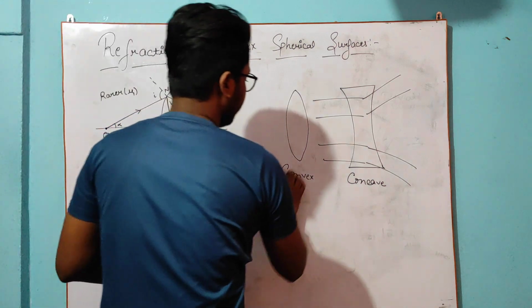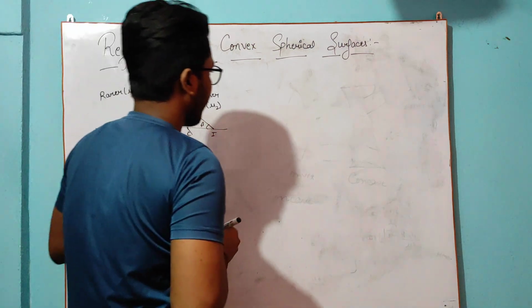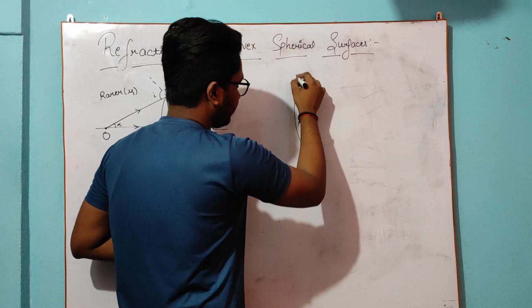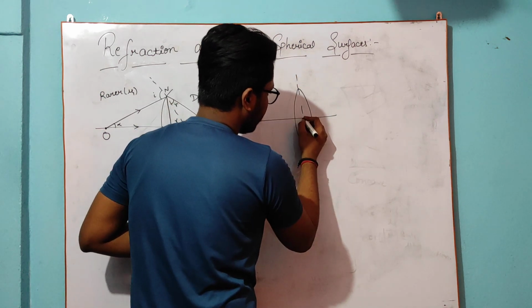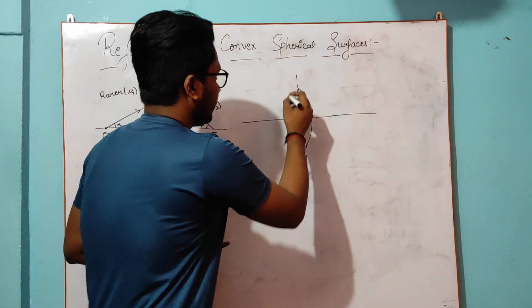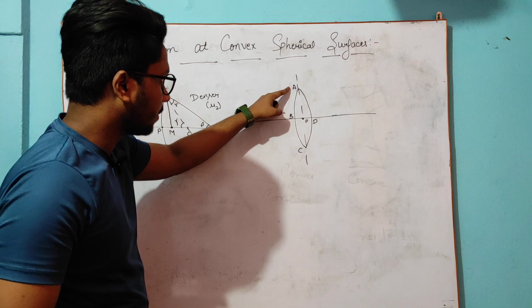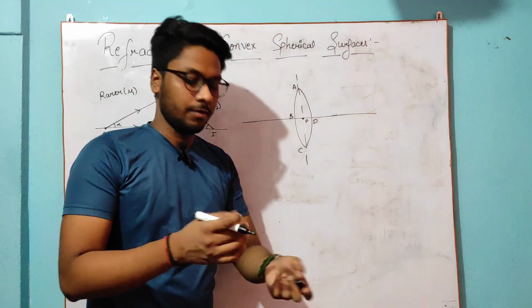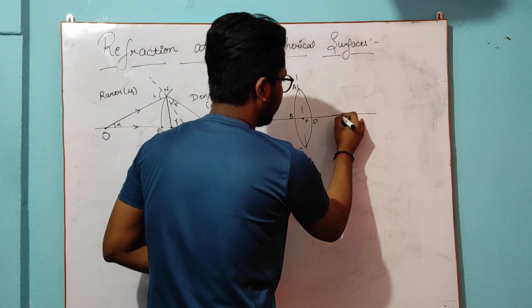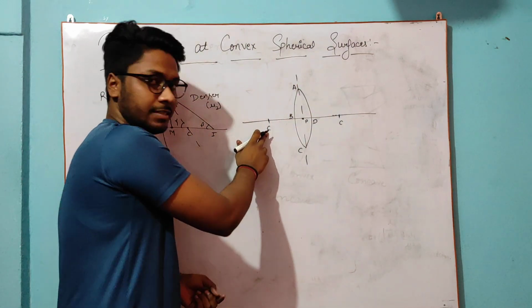See, this is a convex lens. Now this is going to be the optical center P. A, B, C, D. Now for the curved surface ABC, it is a part of a spherical surface, so it has one center of curvature here, let's say C. And for the other, the center of curvature is here, that is, for ADC the center of curvature is this one.